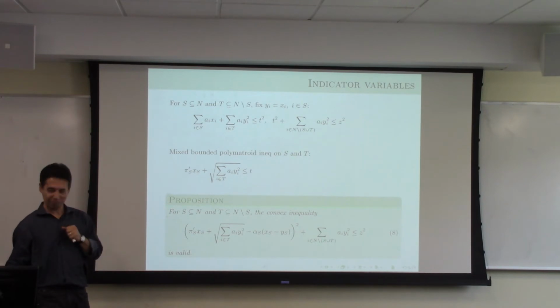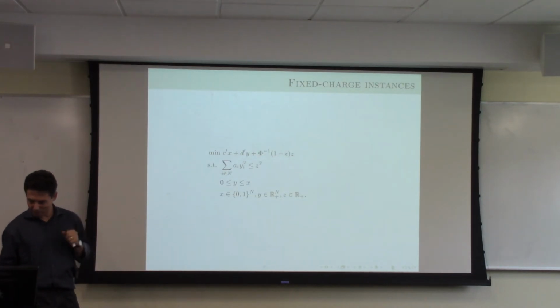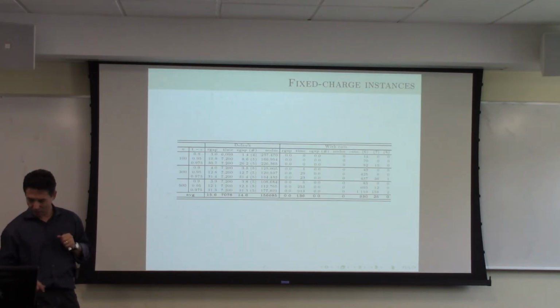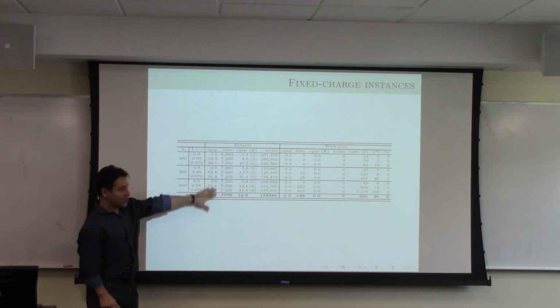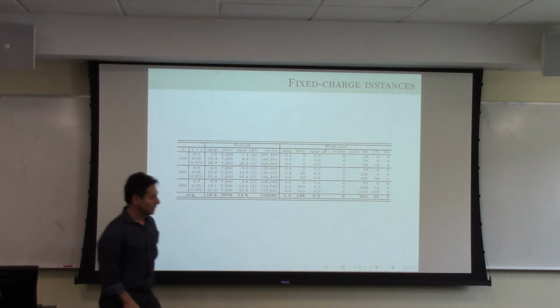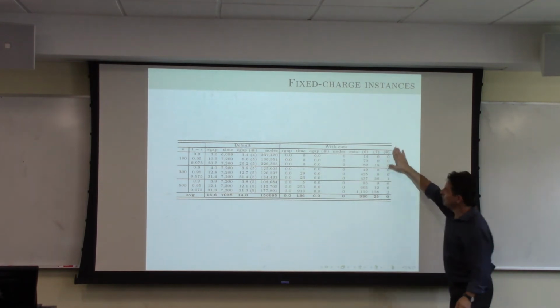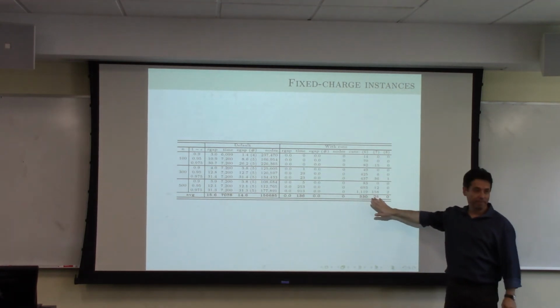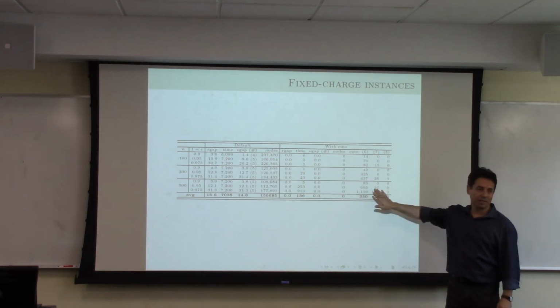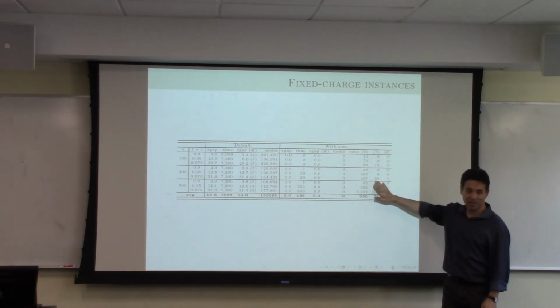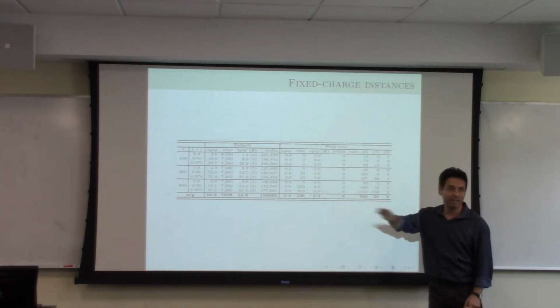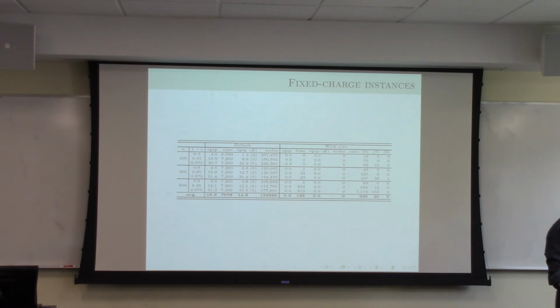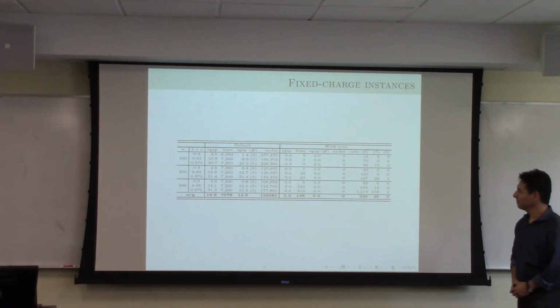Okay, let's use them on the same problems that we were trying to solve. Here are the original computations, and these are the new computations. No enumeration necessary. We solved every one of them, which could not be solved in 2 hours, at the root node. No branching was needed.